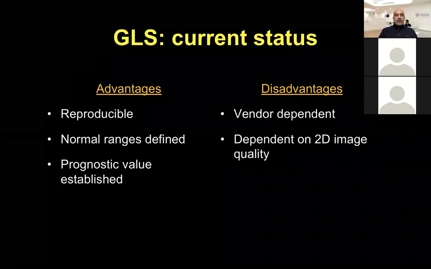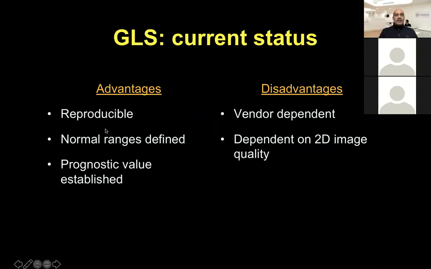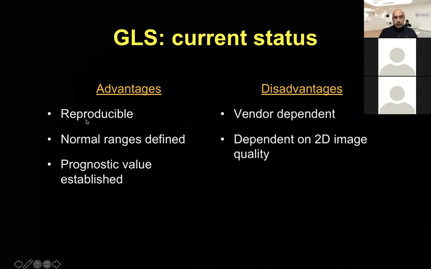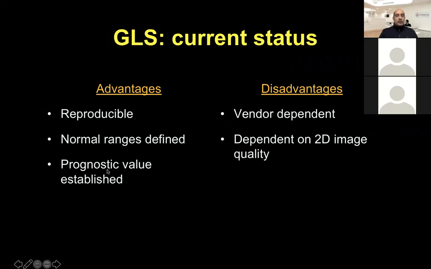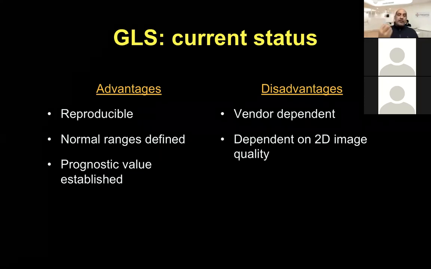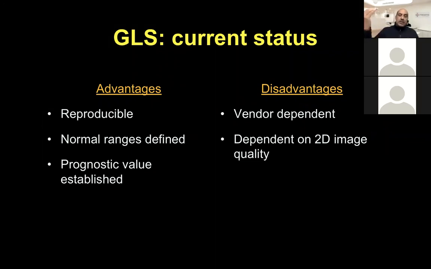So in today's world, the global longitudinal strain is advantageous because it is reproducible, because it is eliminating the human error. Normal changes are defined well, and there's progress in GLS. Prognostic value is established specifically in people who have preserved ejection fraction, and we find the GLS to start reducing even before the ejection fraction reduces.